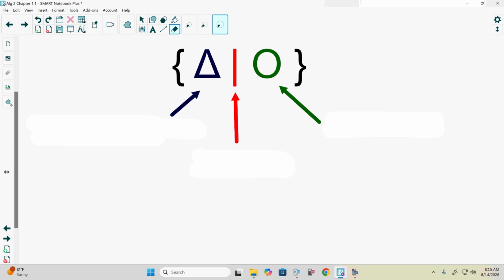You might see it referenced or talked about, but you are not actually going to have to write it. Now, the triangle, what goes in place of the triangle is our group. What types of numbers are we talking about? Are we talking about the real numbers, the natural numbers, the integers, the rational, the irrational? What is our group of numbers we're referring to?